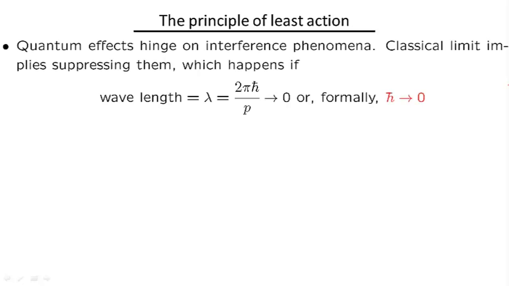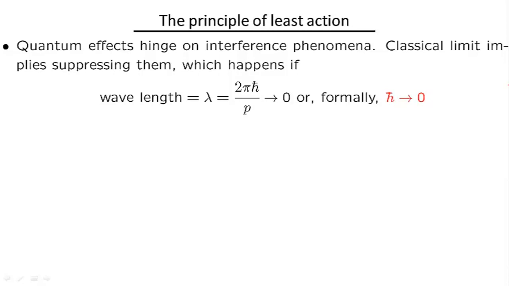Now let me go back to quantum physics, and we're going to see how the previous mathematical discussion becomes relevant. Remember, my motivation in the very beginning was that I want to take the classical limit of my quantum mechanical theory. So what does it mean to take a classical limit?